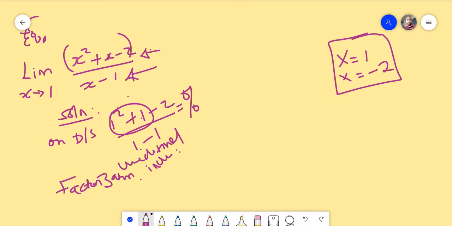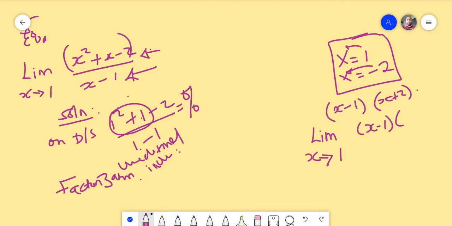So what I'll do is take this one this side, so I'll have x minus 1 in brackets. I take the other one this side, it will be x plus 2. This one is easy because it has no fraction. Now I can write my limit as x approaches 1 of (x minus 1)(x plus 2) over (x minus 1).